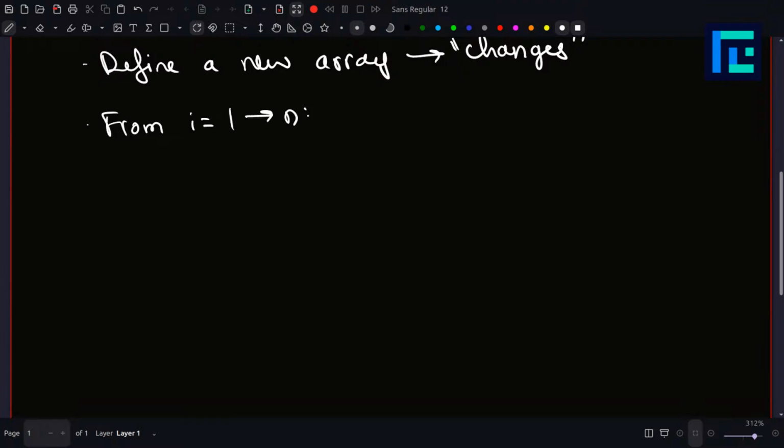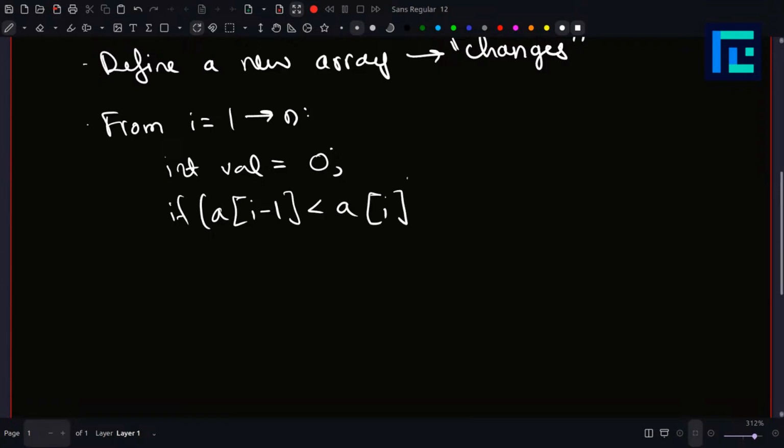So what we will write is basically the value of the change. Let's set it to 0. And if it was in increasing order, so basically if a of i minus 1 is less than a of i, so it's strictly increasing.